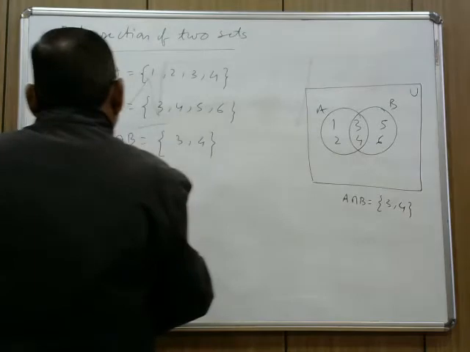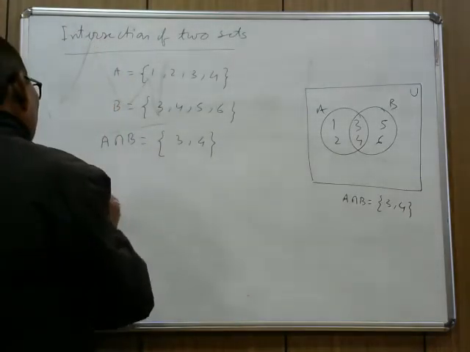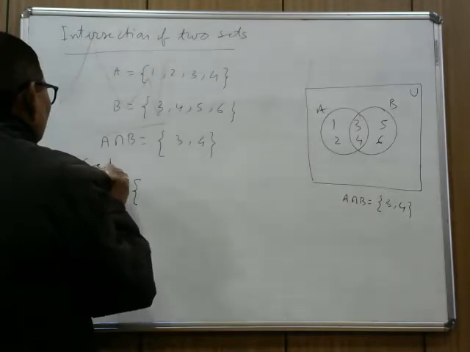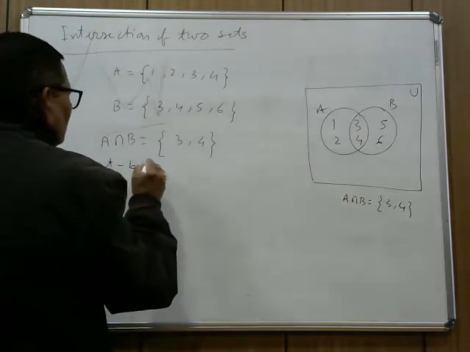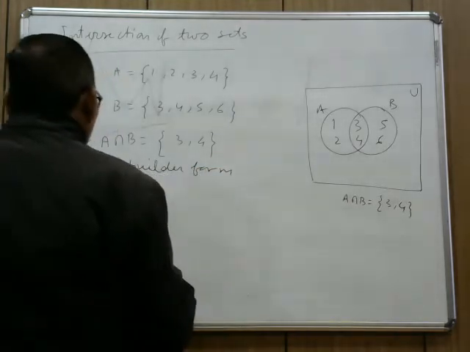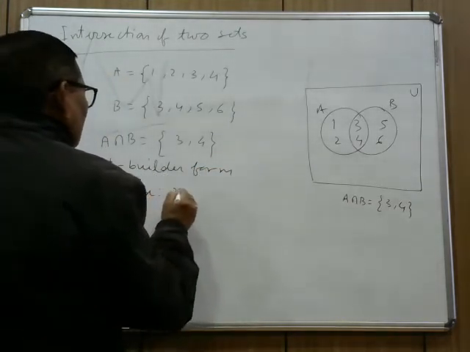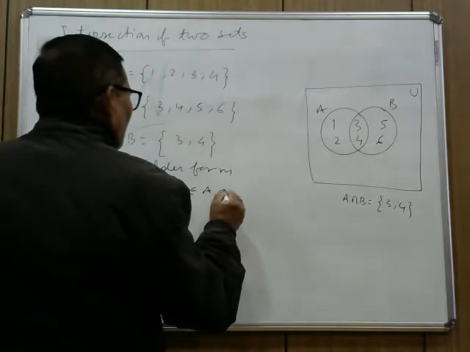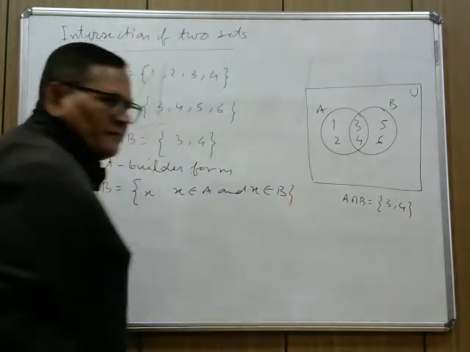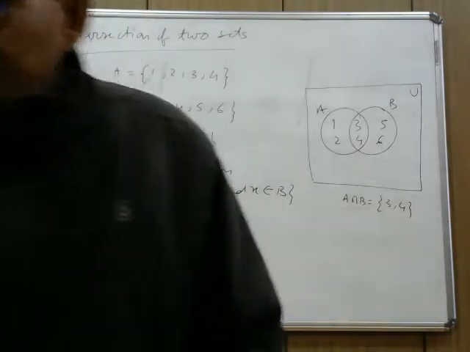Now, in set builder form, we can define A intersection B as all x such that x belongs to A and x belongs to B. This is intersection of two sets.